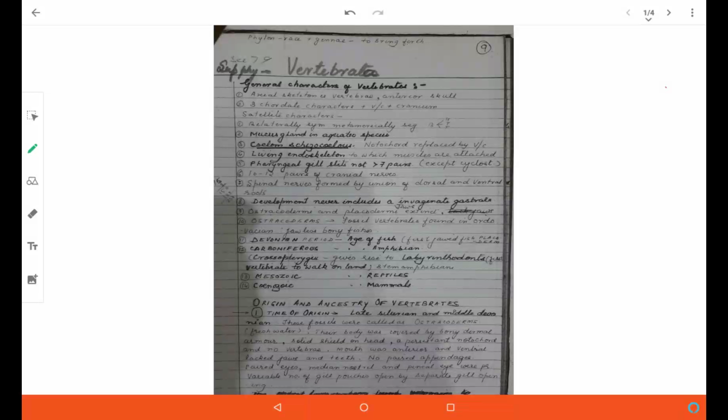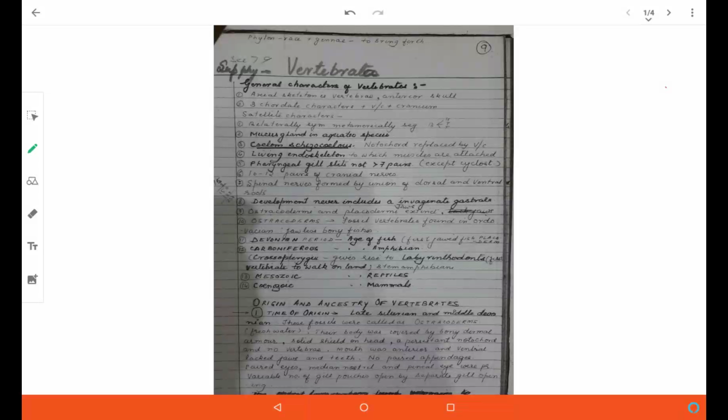Today we are going to study general characters of vertebrates and some comparative studies of lower chordates as well as of higher chordates. First of all, have a look at general characters of vertebrates.